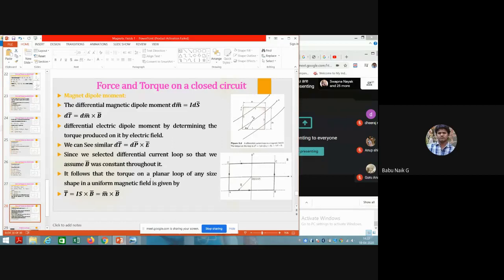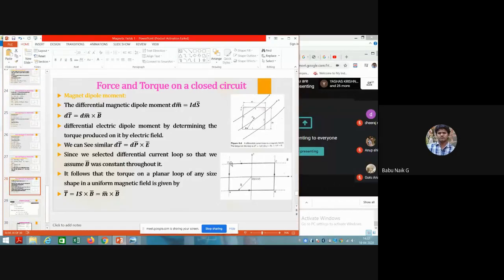I think I have not seen any derivation of this asked in the previous year question paper. They are asking more problems on this torque. So concentrate on problems, and the derivation is also simple, not that complicated. Just consider the circular loop through which current is flowing, what magnetic field is produced, and what the torque will be.